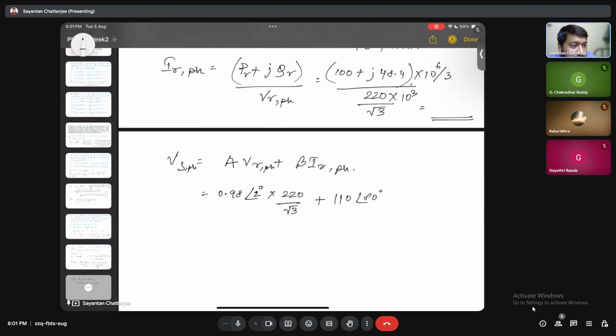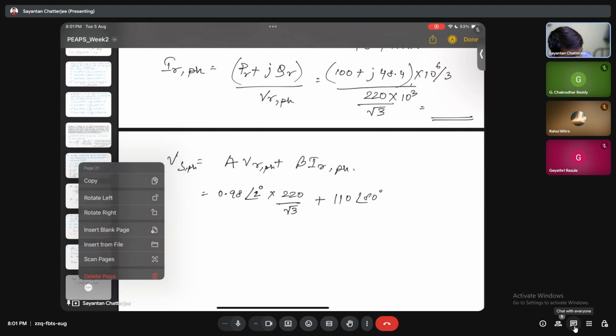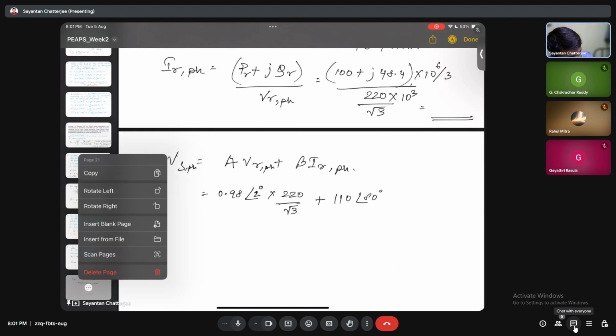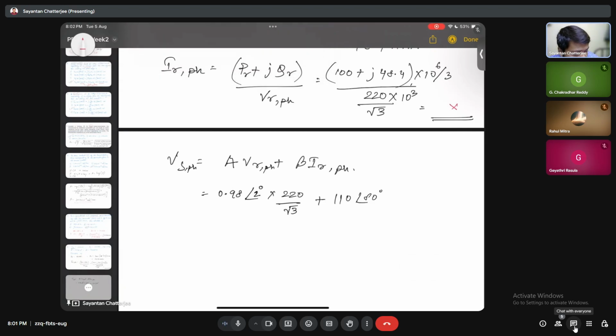IR phase, anyone calculated the IR phase? So this IR phase, you just plug in here.